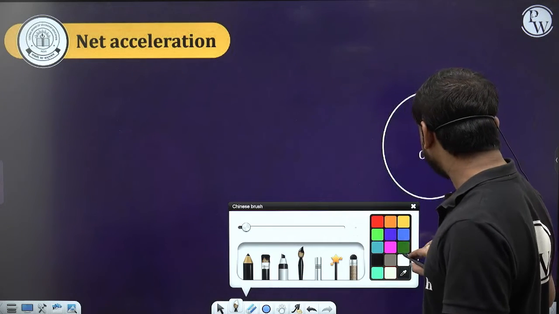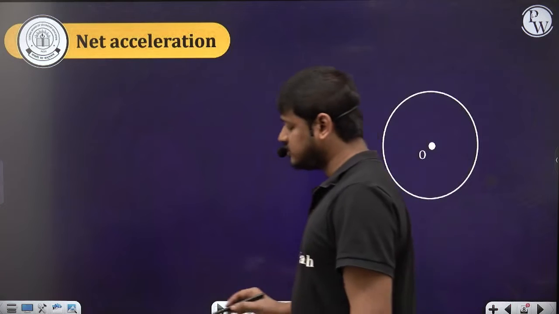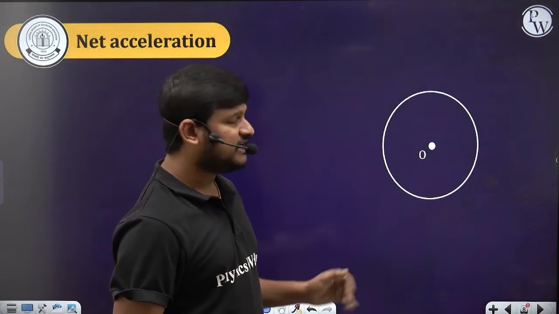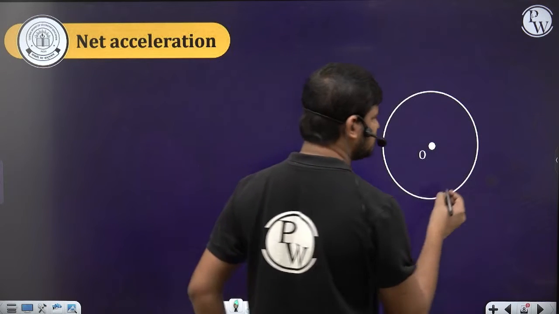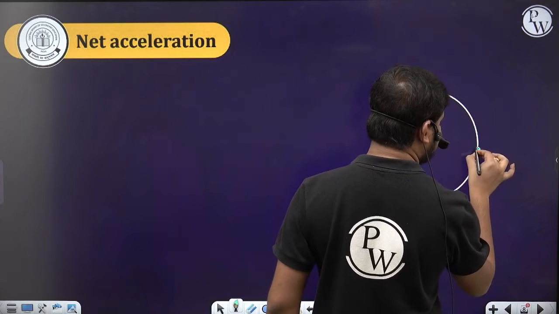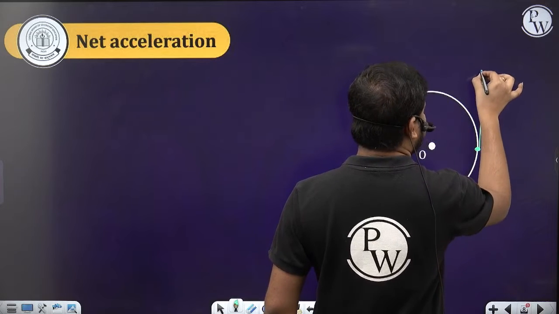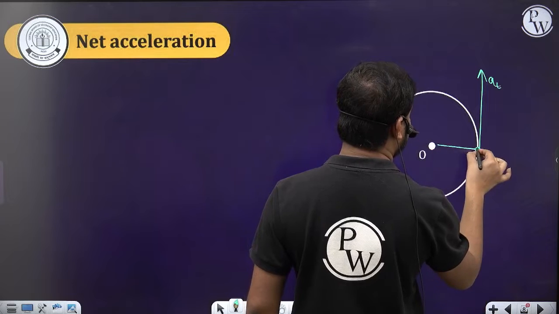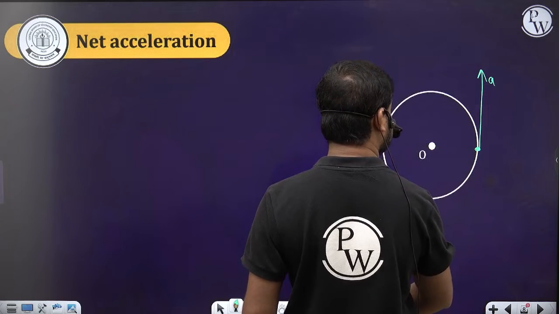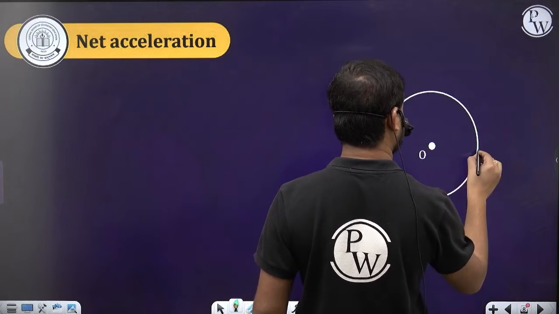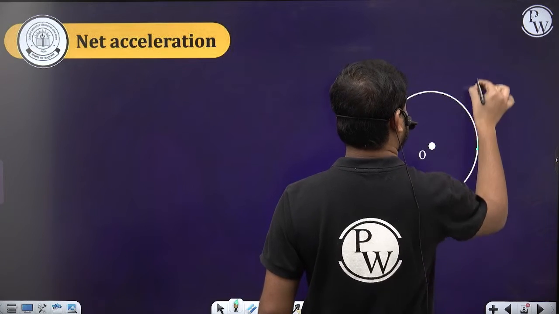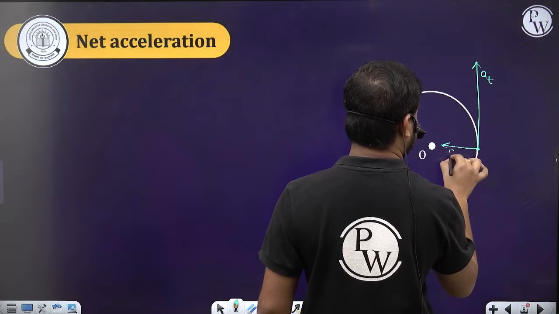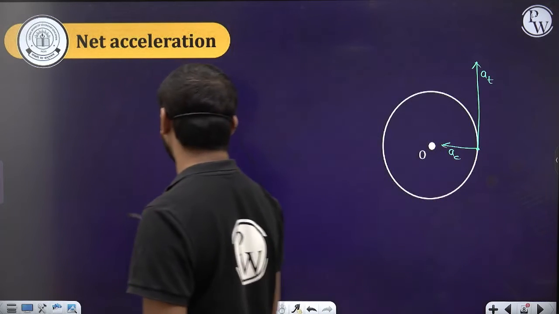Now, we have two types of accelerations for the body, right? A particle, if it is moving in a circular path, we have seen it has two accelerations. Let's consider a particle is here. Along the tangent it will have the tangential acceleration, AT, and along the radius it will have the centripetal acceleration, AC, right?